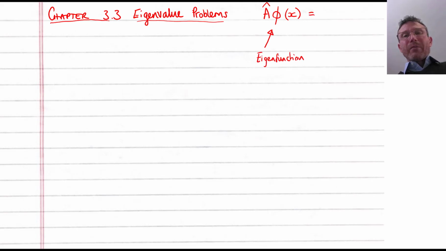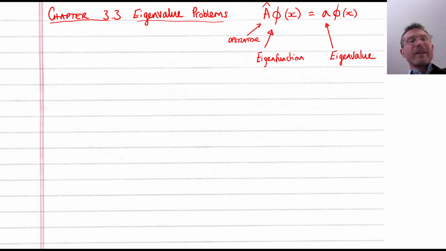When we operate on that eigenfunction with the operator, so here's our operator, we end up with a constant multiplied by that same eigenfunction. This constant is what we call an eigenvalue. It's important to make a note of this, that it is a constant, or sometimes might be referred to as a multiplier.